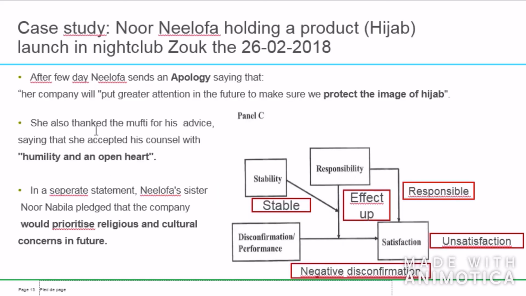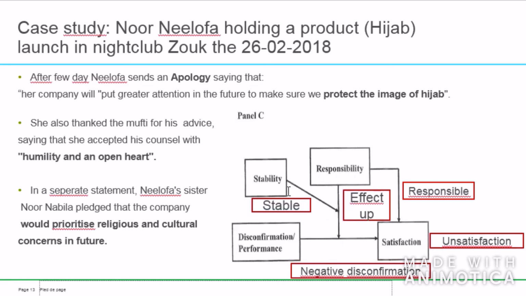Okay, so for the results, we will explain now our point of view on this. So we think that the situation is actually stable, because what Nilofa said is that she decided to do this knowing the consequences, and she will not really care about what other people think.